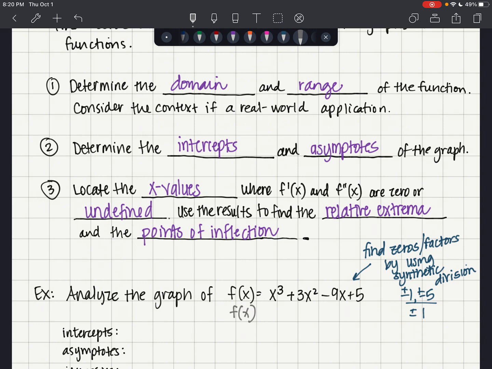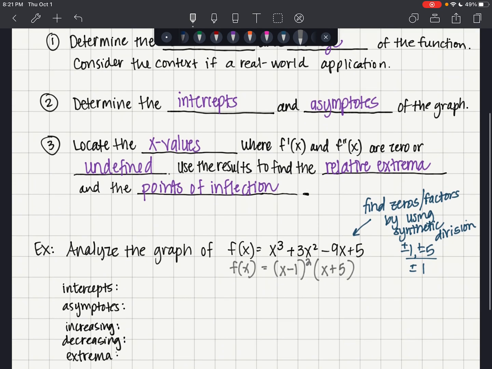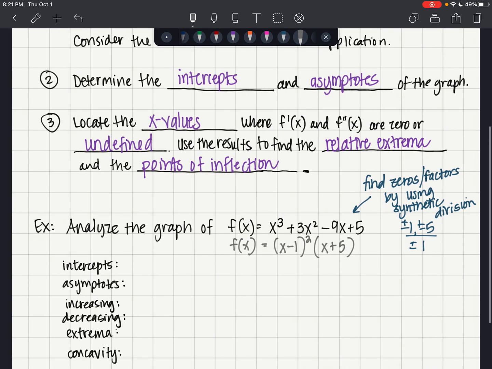And what you would find is that 1 would have a multiplicity of 2, and that negative 5 is also a root. X plus 5 is the factor. Negative 5 would have been a root, a solution, or a 0. Those are all synonymous. So our intercepts, we're going to put a 0 in for y.